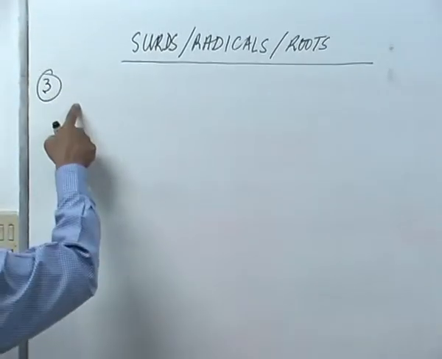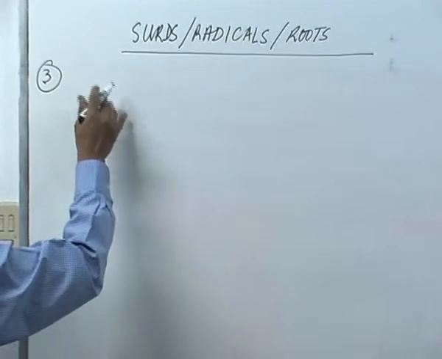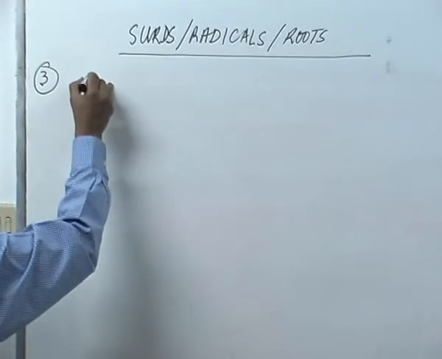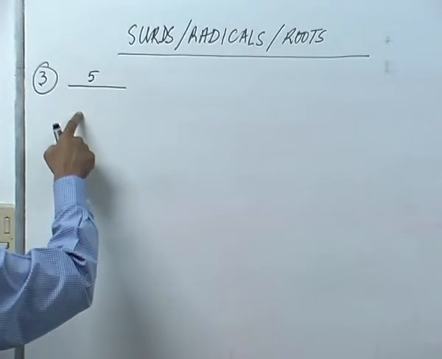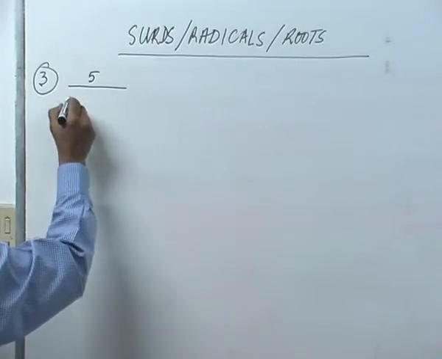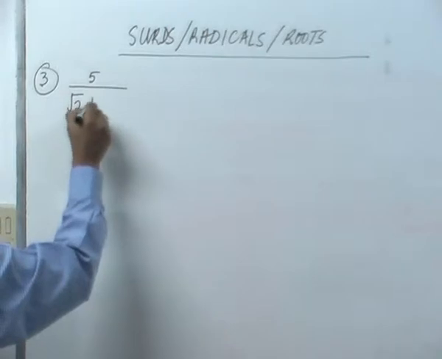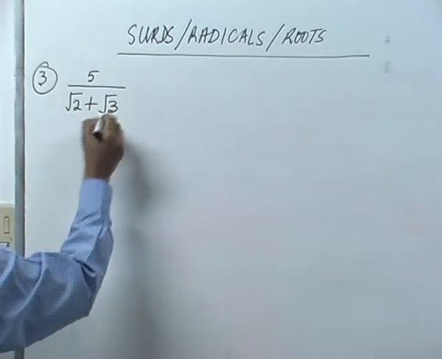Alright, we're doing number 3. Now, don't worry about what I wrote before. We're doing this example here. Suppose we had 5, so this is number 3. Don't worry about whatever you saw before. 5 over square root of 2 plus square root of 3.